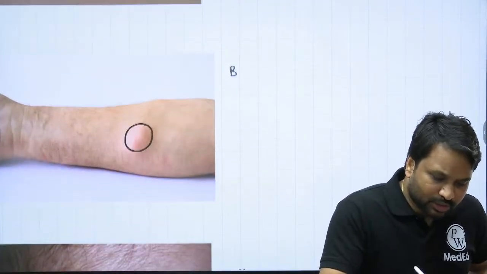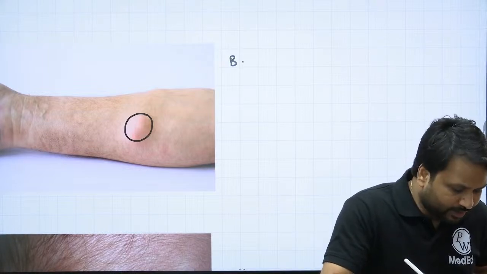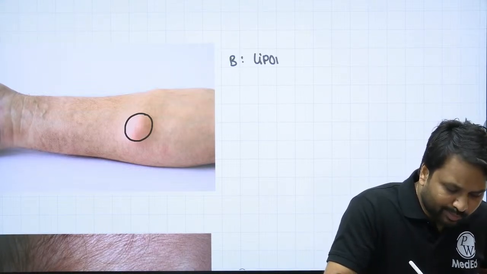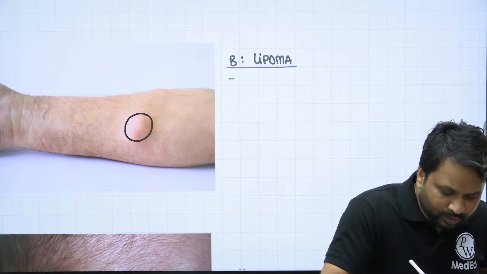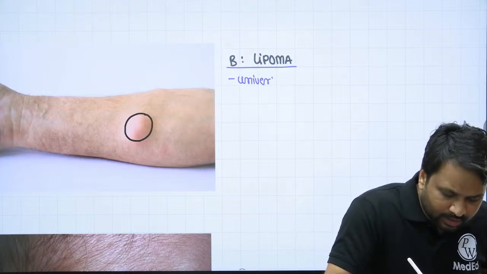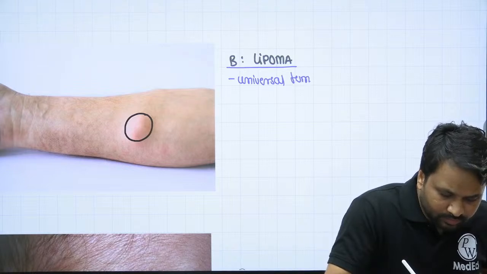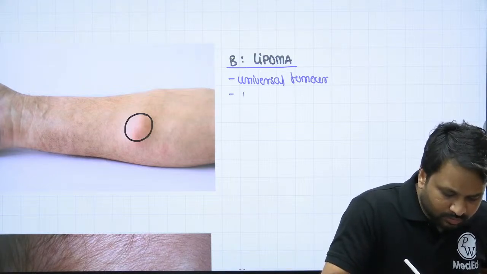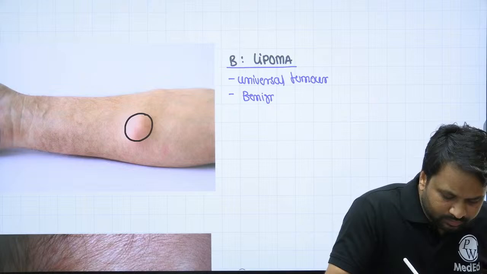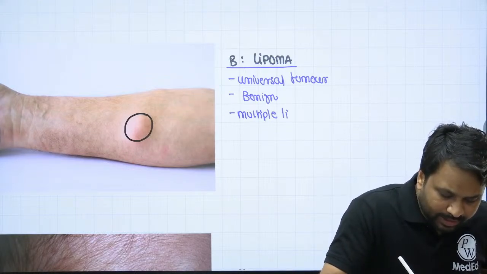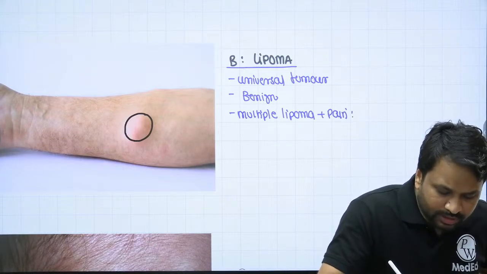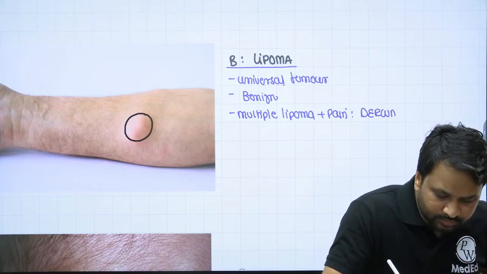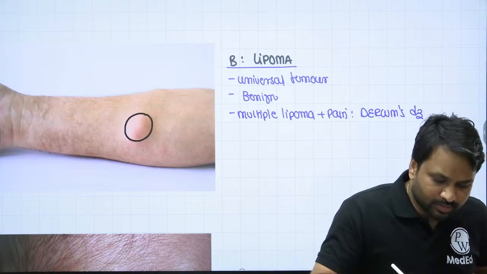So here the swelling B, as most of you have identified it correctly, is going to be lipoma. When we talk about the lipoma, it is a universal tumor. It is a benign lesion. If there are multiple lipomas with pain, we call it Dercum's disease.